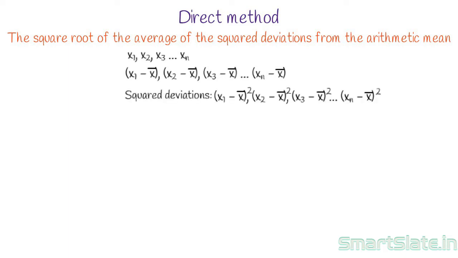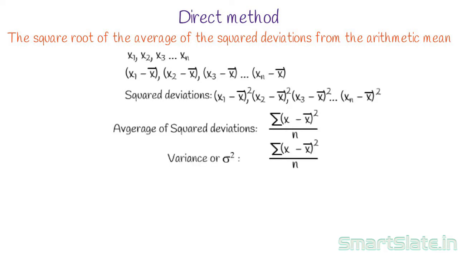It is (x1 minus x bar) square, (x2 minus x bar) square, (x3 minus x bar) square, and (xn minus x bar) square. Sum of the squared deviations is sum of (x minus x bar) square. Average of squared deviations is sum of (x minus x bar) square by n, where n is the number of scores in the given data.